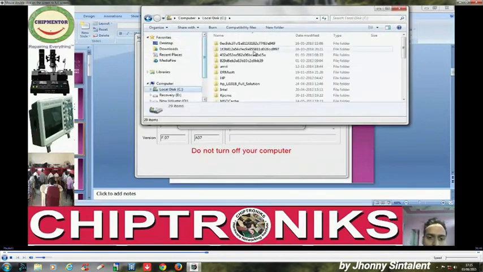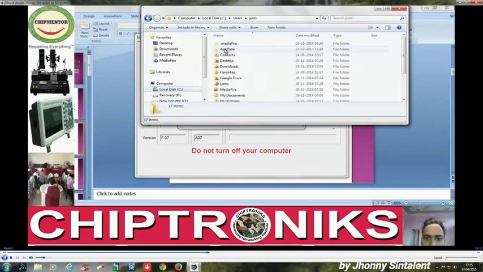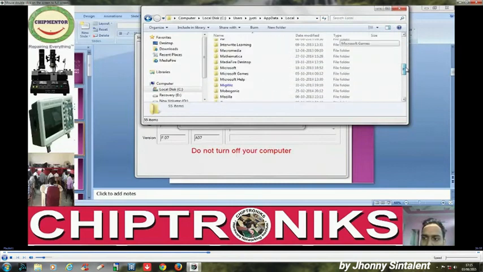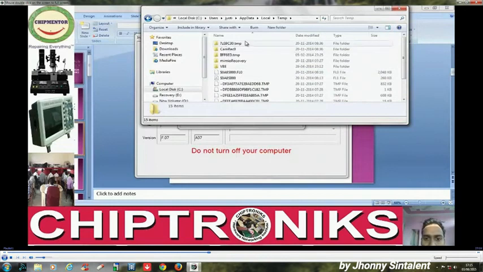We'll go to the C drive, open Users, and you see there is a hidden folder, AppData. Inside it we go to Local, and in Local we have to go into the Temp folder. In the Temp folder you see there is an extracted 7Z S9C3G folder.